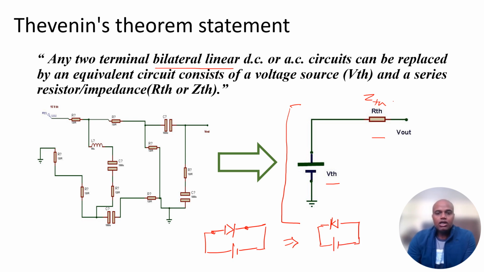So the property of the circuit has been changed. In the first circuit it was behaving as a short circuit, and in the second circuit it is behaving as an open circuit, so the whole characteristic of the circuit has changed. Therefore the Thevenin theorem is only applicable for bilateral components and linear circuits, whether DC or AC.